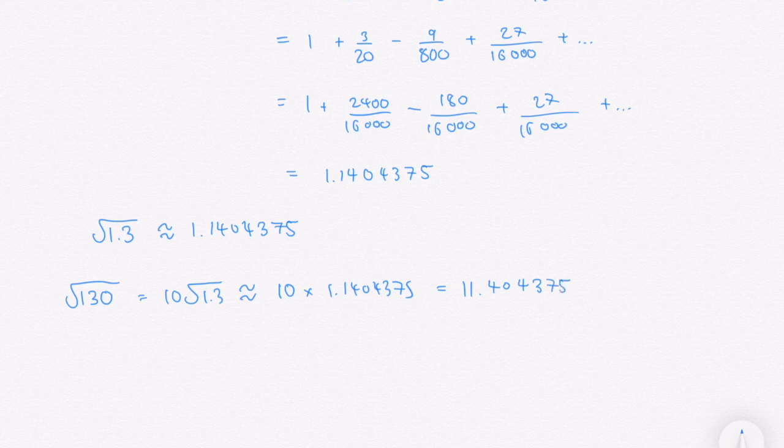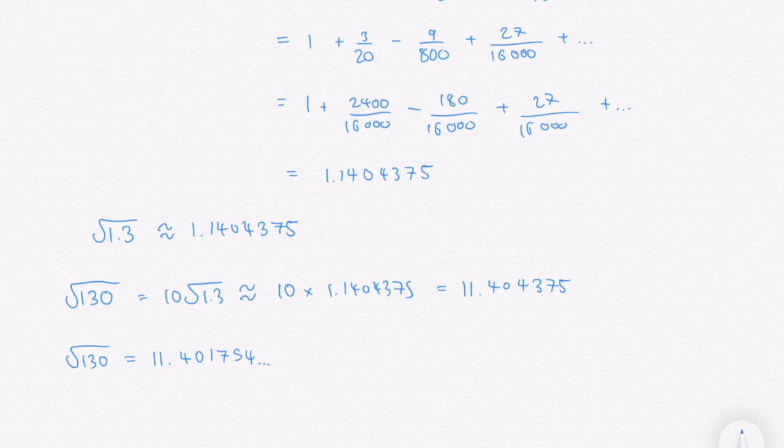And that's an approximation of the square root of 130. If you get your calculator and check the square root of 130, you will get 11.401754 to 6 decimal places.